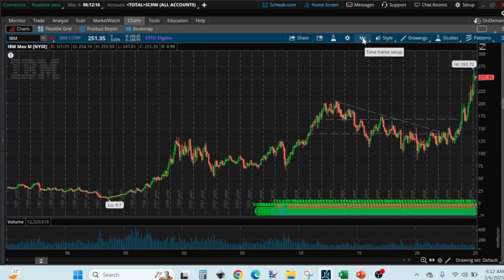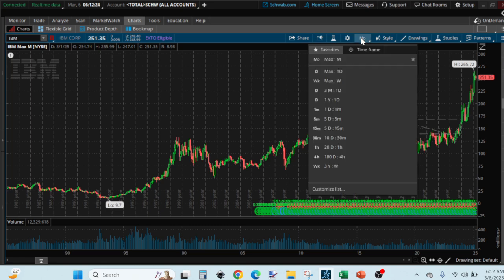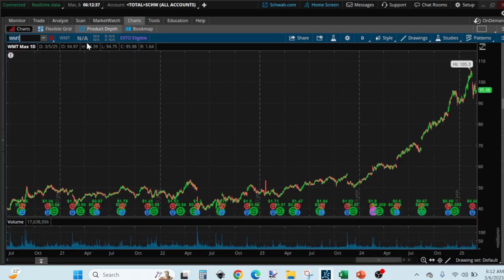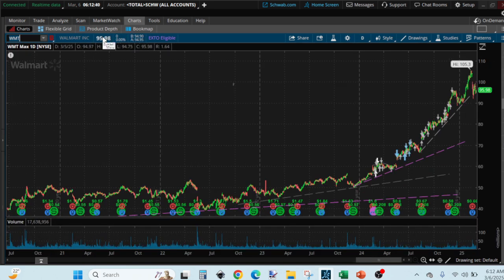Penny stocks you can trade short term, but investing in them long term is very risky compared to Johnson & Johnson and IBM. That's why I say, penny stocks might be pennies, you might buy a lot of shares, but frankly, you can start swing trading with large cap stocks that cost a lot of money. If I put Walmart there, it's less than $100. It's $95.